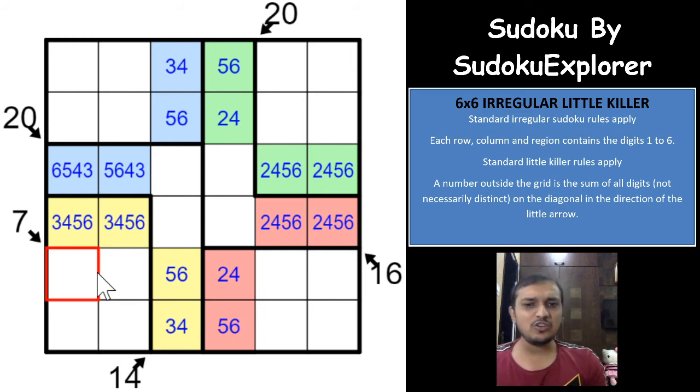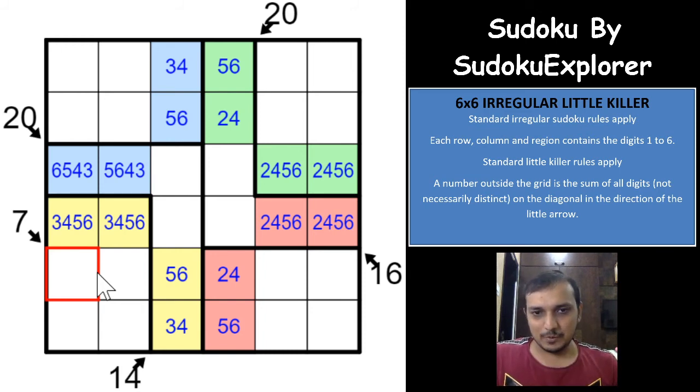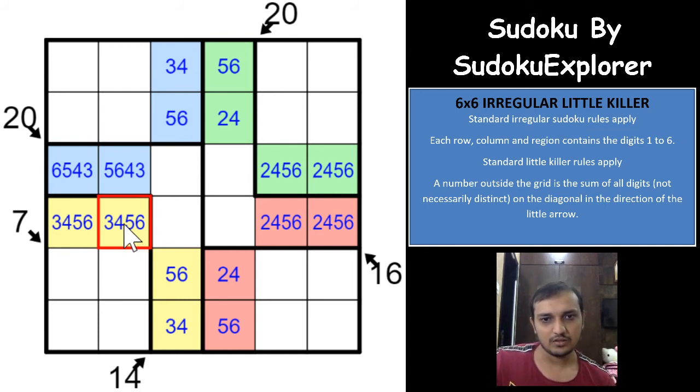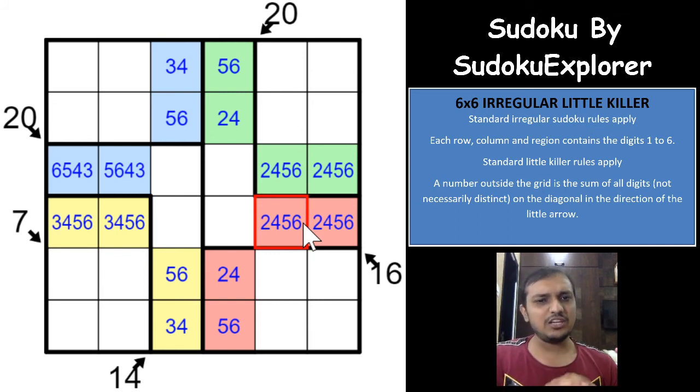And let me show you the excellent logic here. Okay, if you have a 6 here, you'll have a 5 here. One of the excellent logics here is that both 6 and 5 cannot be in the same group, right?